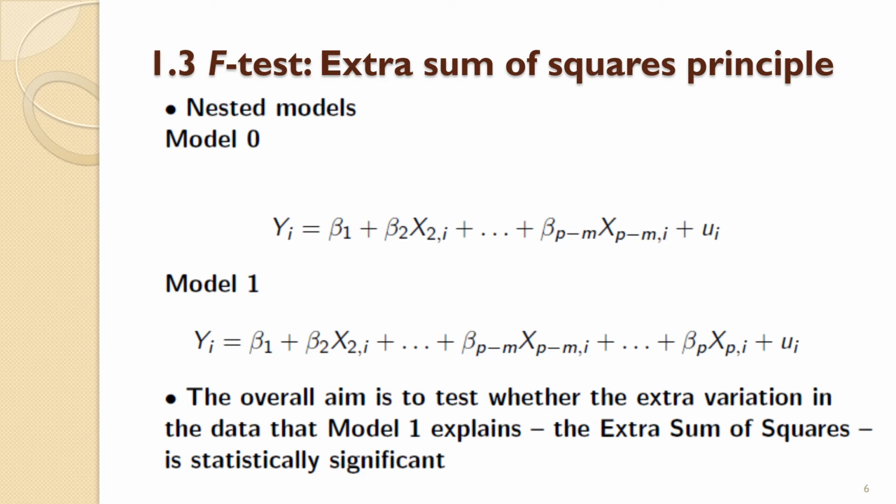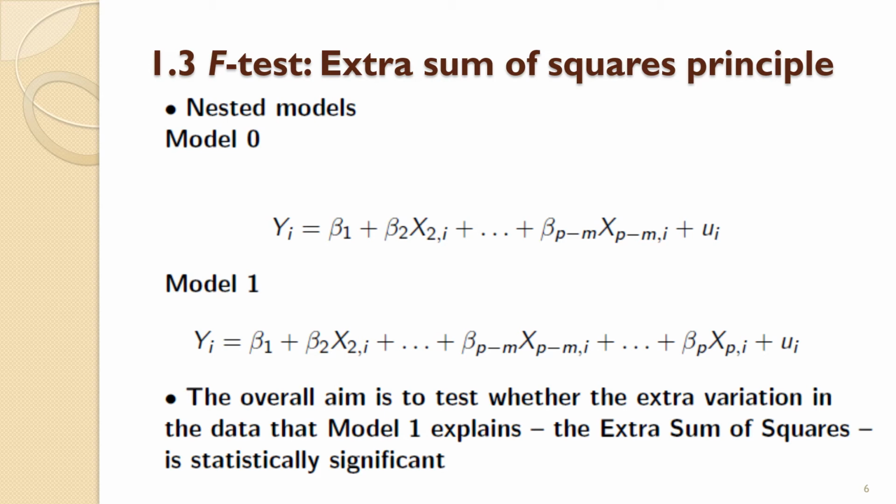If the second set of parameters are equal to 0 in model 1, then we reduce to model 0, and I think the easiest way to think of this is just model 0 sitting inside model 1, hence the name nested models. The idea then is to test whether the extra variation in the data that model 1 explains, literally the extra sum of squares, hence the name, is statistically significant.